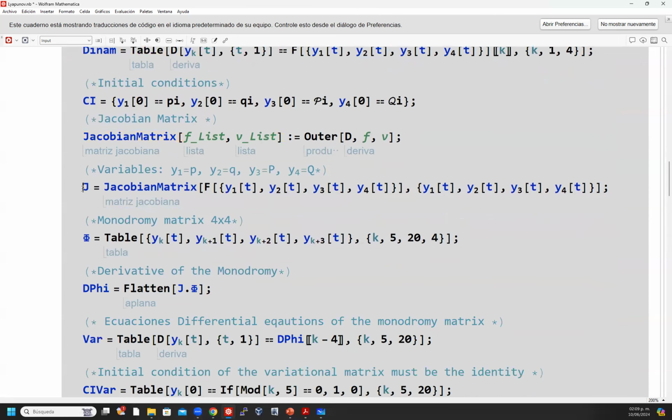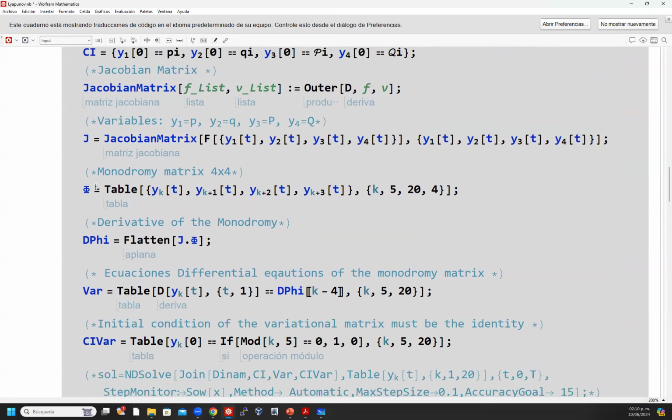And after, I use the Jacobian that I defined using my Hamilton equations on the variables Q, P, etc., all the other variables. Now I will create the monodromy matrix. For this, my first 4 variables are the Hamilton equations. Now, the next 16 equations are the monodromy variables. Yes, there are 16.